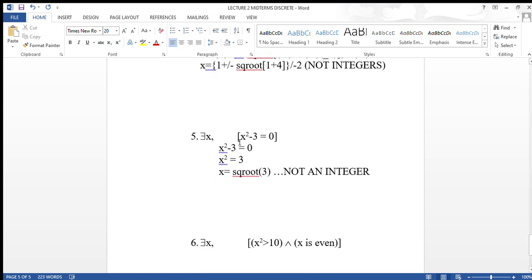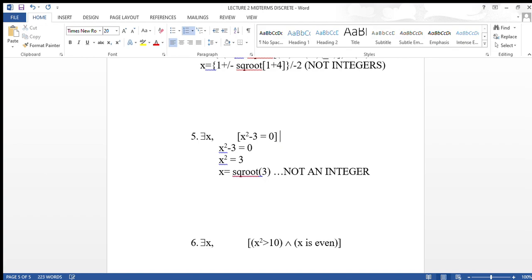There exists an x such that x squared minus 3 is equal to 0. Since our quantifier is an existential quantifier, we just need one value of x to satisfy this equation. But the possible value of x to satisfy this equation will be the square root of 3, and the square root of 3 is not an integer, therefore, the possible values of x that will satisfy this equation do not belong in the universe of this course.